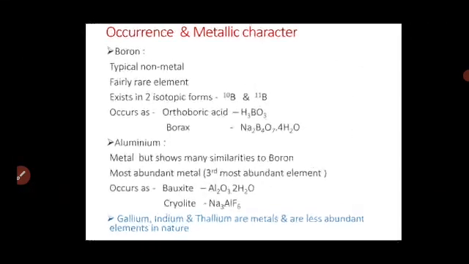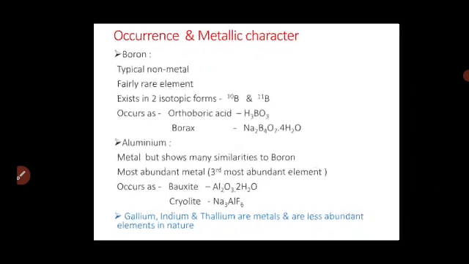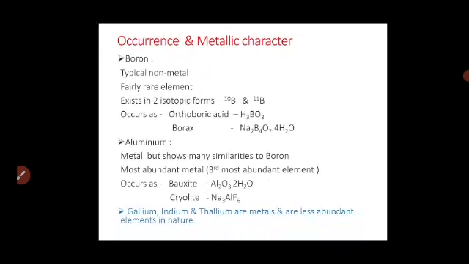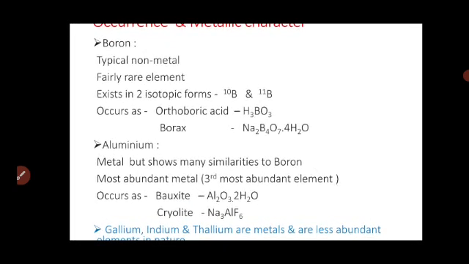Okay, now let us start our studies with group number 13. Before beginning the study of this group, we must know where these elements occur in Earth's crust and in which form. So boron, the first element of group number 13, is typically a non-metal.